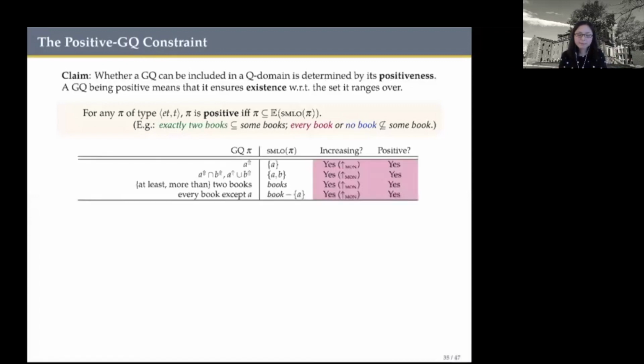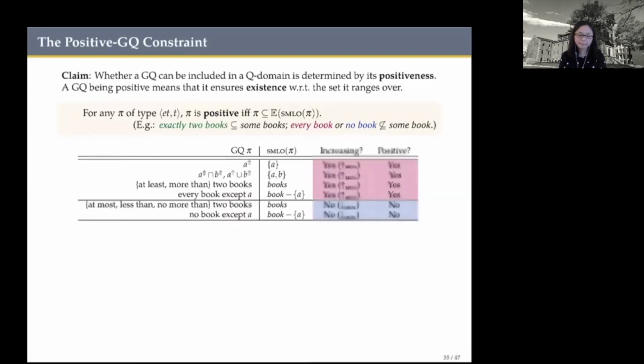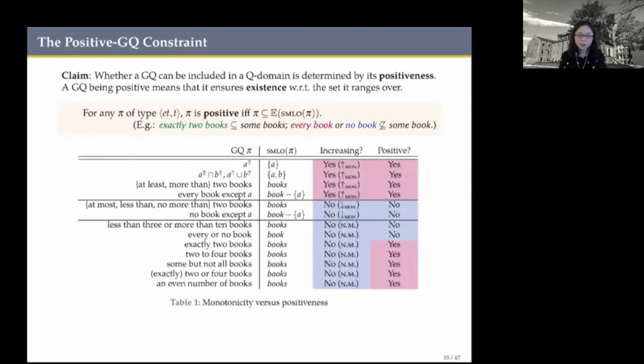So now let's compare the 2 properties, increasingness and positiveness. All the increasing quantifiers are positive. All the decreasing quantifiers are not positive. Well, for non-monotonic quantifiers, some are positive, some are not. So at least we're reaching a stage where we see different predictions.